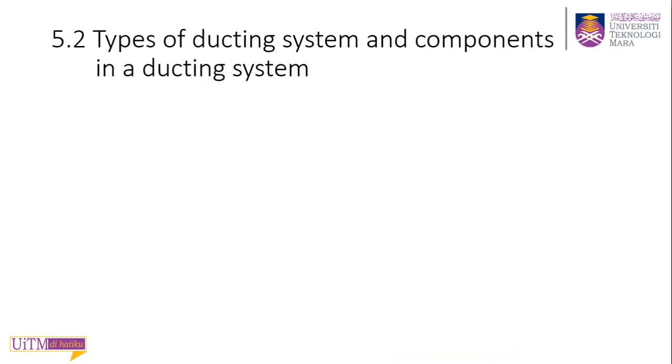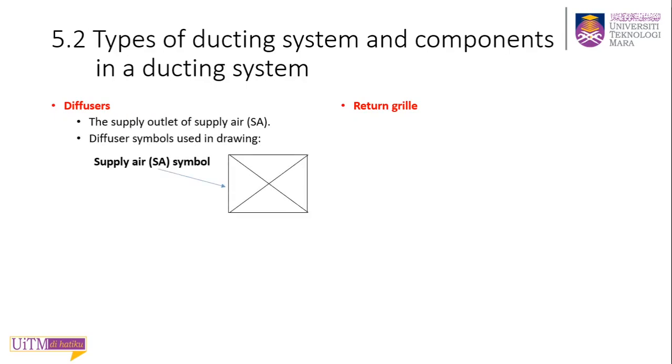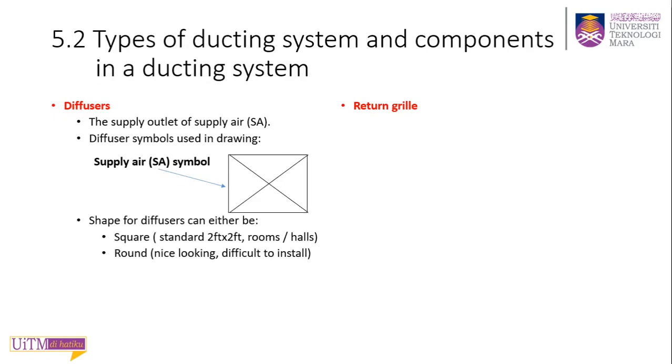Now, other components in an air distribution system are the diffusers and return grills. Diffusers are the supply outlet of the supply air. In HVAC drawing, the symbol for a diffuser is as shown in the figure given. Diffusers can also either be square or rectangular and even round in shape.